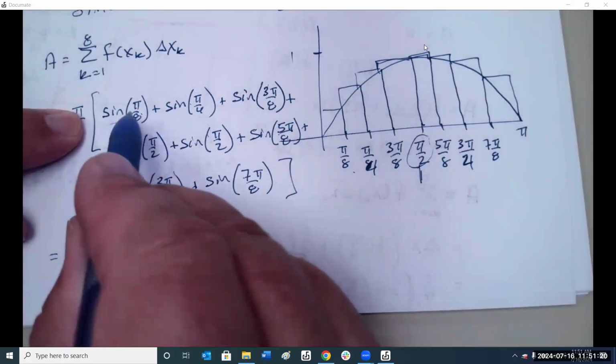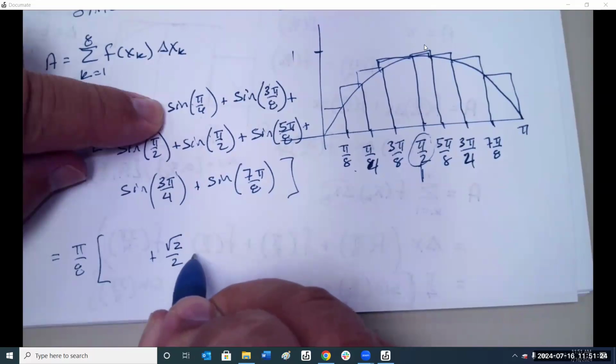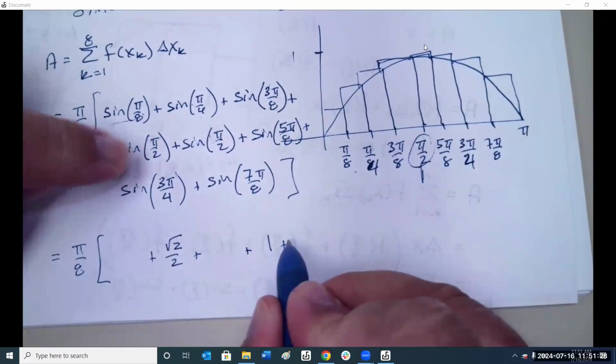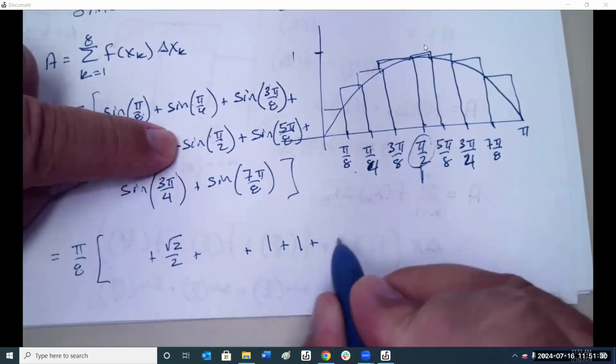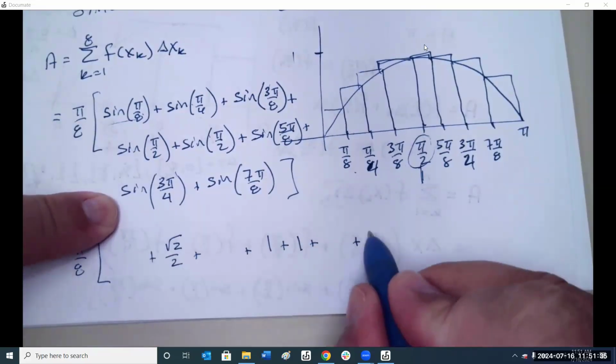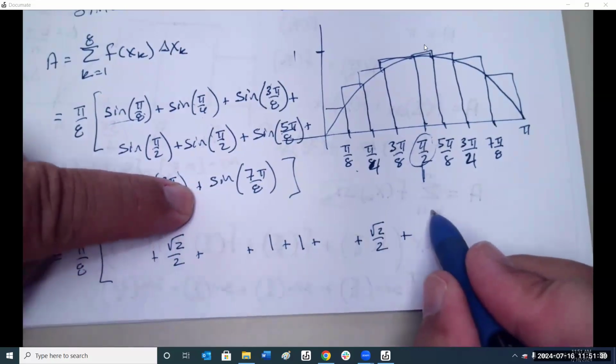Sine of pi over 4 is square root of 2 over 2. 3 pi over 8, we're going to do that one. And that's 1. Then sine of that, and that's square root of 2 over 2. And then that one.